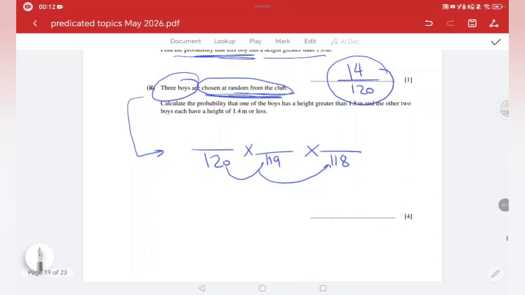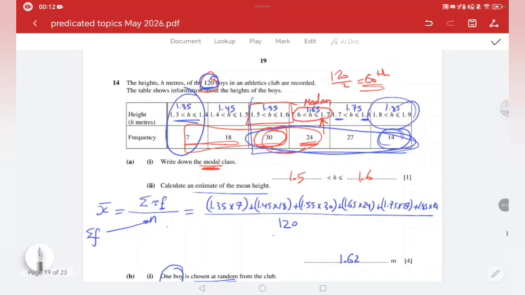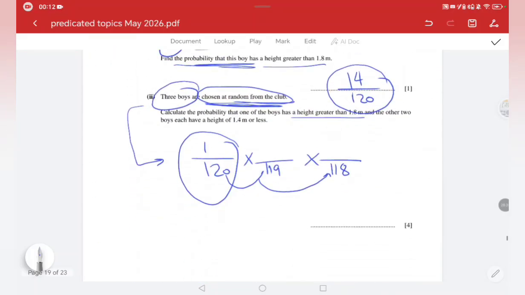Now calculate the probability that one of the boys has a height greater than 1.8. We said greater than 1.8, which is 14. I'll write here 14. Then the other two boys, they are from the same category, each have a height of 1.4 or less.